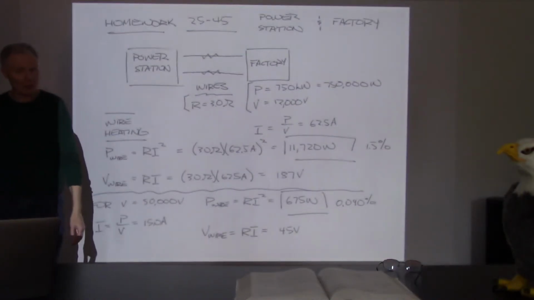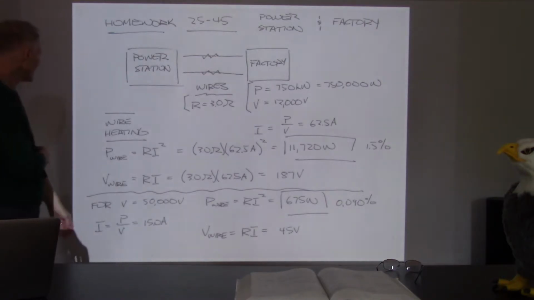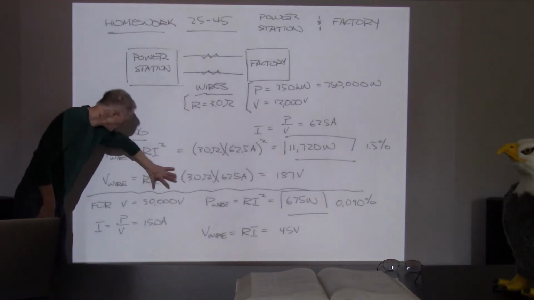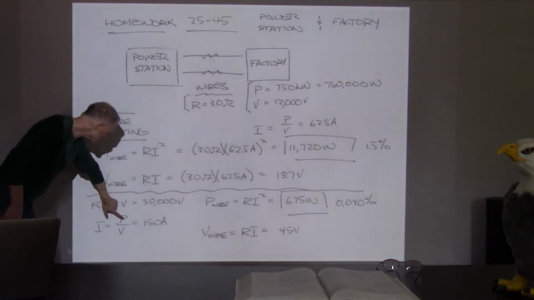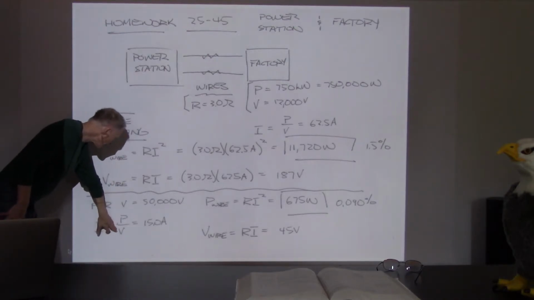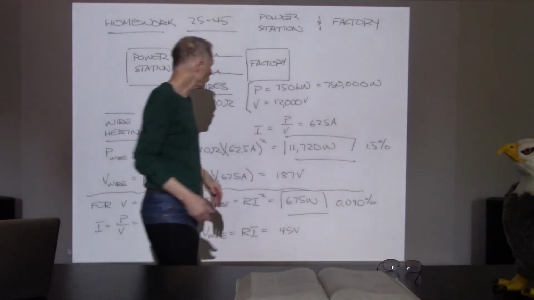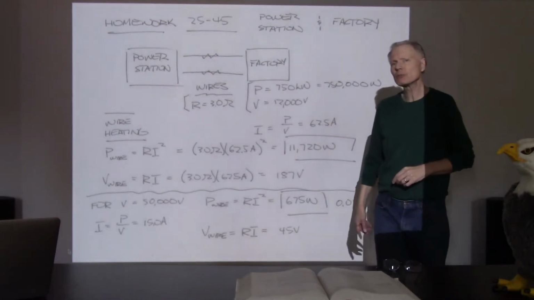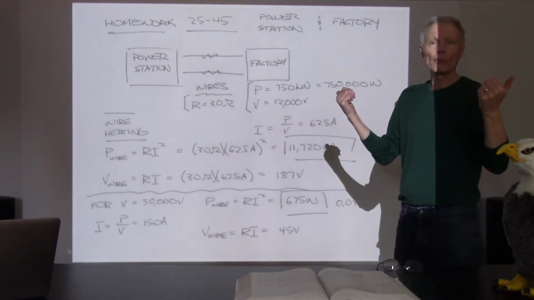Now, at 50,000 volts, I guess it's a bigger risk, but if I have 50,000 volts at the factory, I can take that same amount of power, the 750,000 watts, and divide through by the voltage, and the current it says we need now is only 15 amps. So before, at 12,000 volts, we needed 62 amps. But now we're only going to need 15 amps. So the current requirements have dropped because we boosted the voltage.